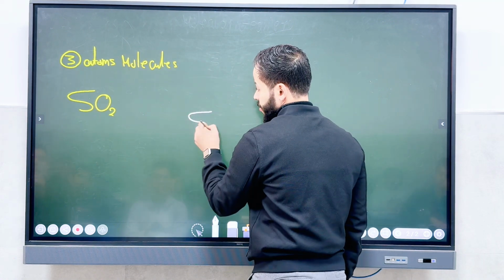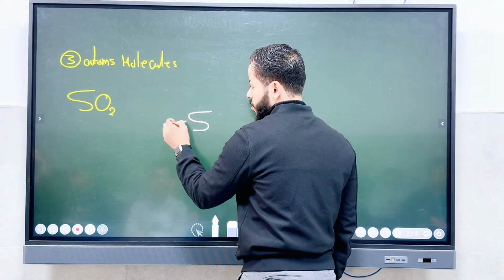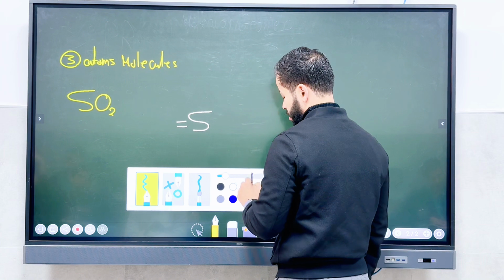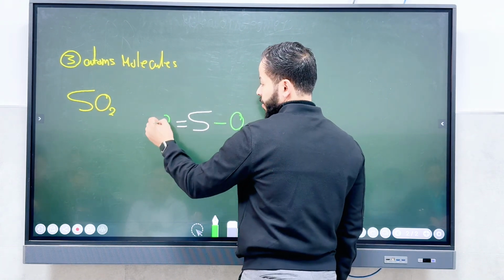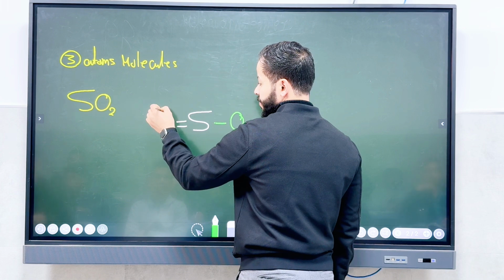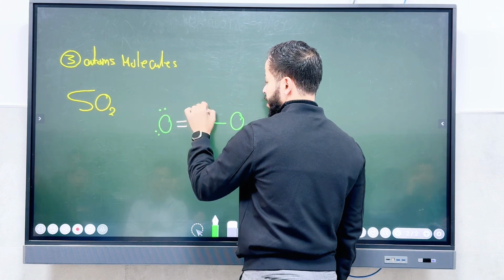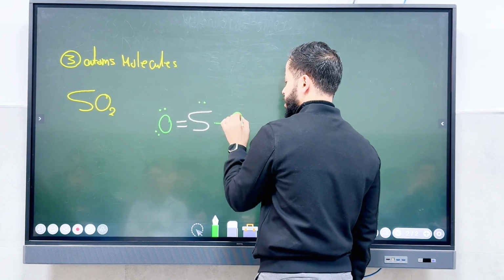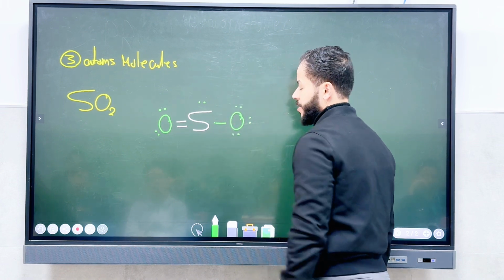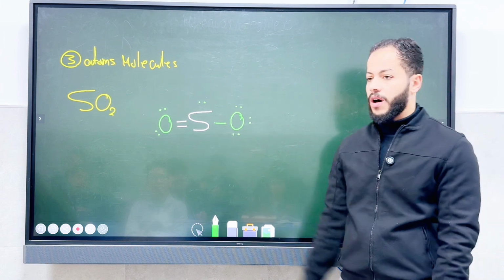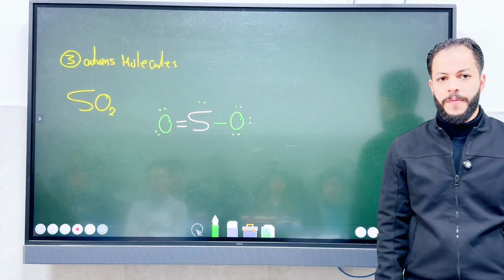If we draw the sulfur, one of the oxygens forms a double bond, and the other, this is actually what I gave you in the quiz, right? Here we have 2 lone pairs, here 2 lone pairs, and here 3 lone pairs. This is the structure of it.